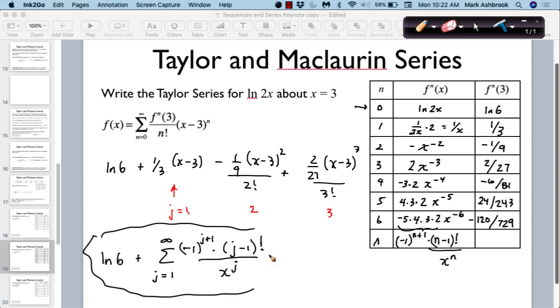Why? What am I missing? This is only the nth derivative, right? This is in the Taylor series. What else do we need? X minus 3 to the j over... The first x is not x.